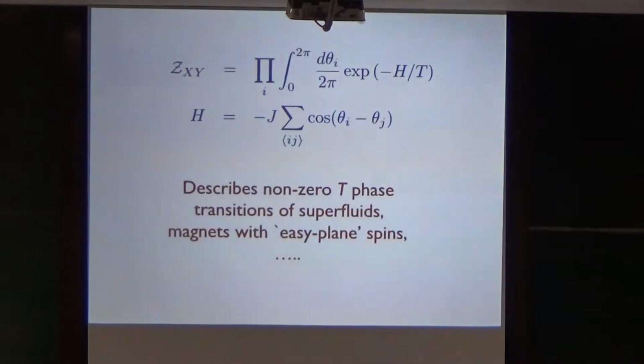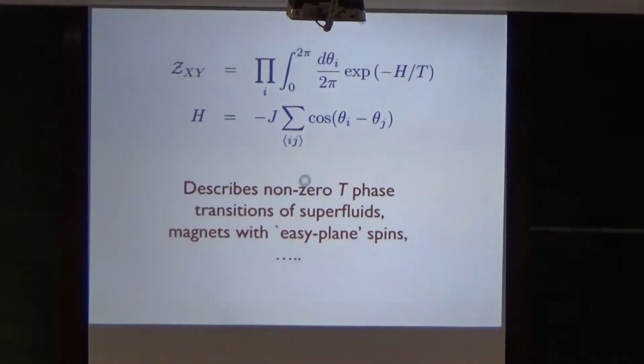All right, so let me talk about the classical XY model. This is the basic textbook model. You take a cubic or a square lattice. I'll limit myself to 2 or 3 dimensions. And on each site of the lattice, you have an angle, theta. And there's a very simple nearest neighbor interaction that tells you that the angles like to be parallel to each other at low enough temperatures.